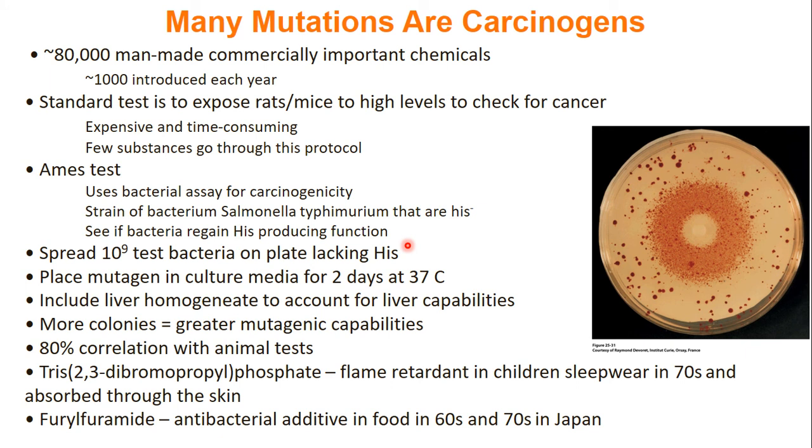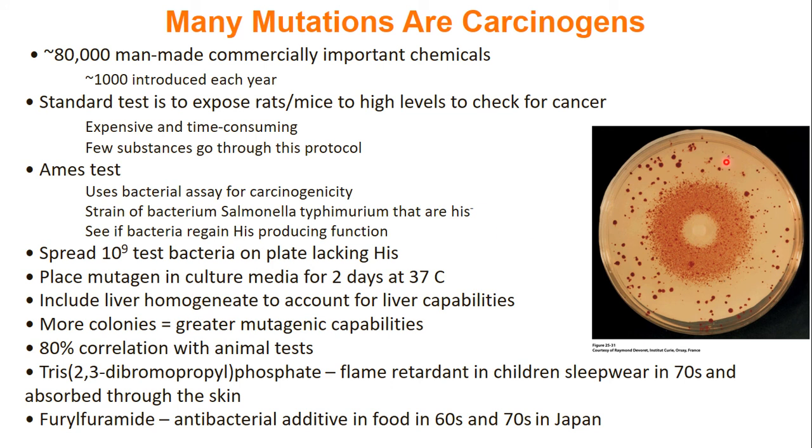If they do, they live. If they don't, they die. And so you have a culture with this mutagen for 2 days. And you also have proteins that are naturally found in the liver, because the liver can break down some of these carcinogens. So we want to account for that as best as we can, as this was a human system.